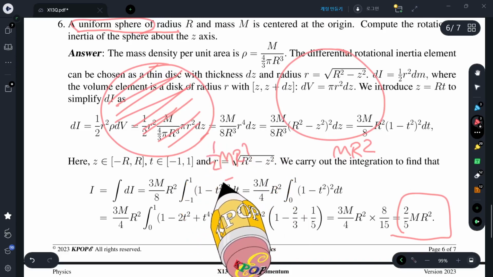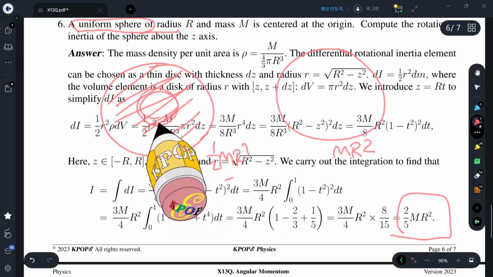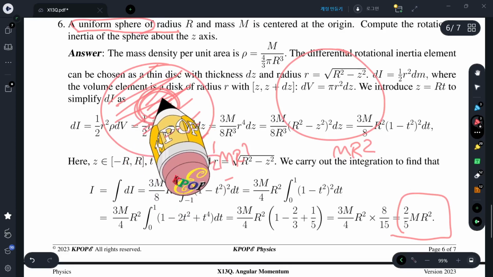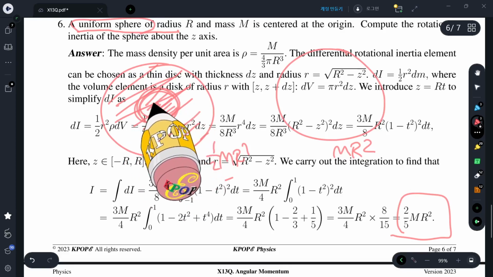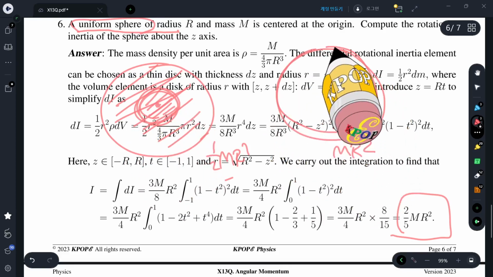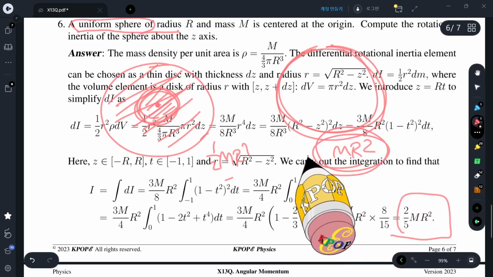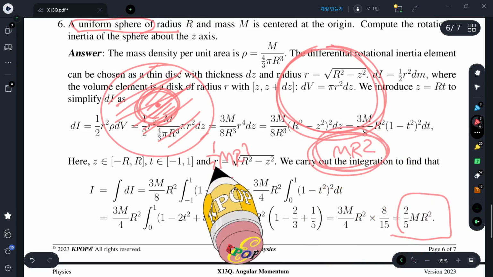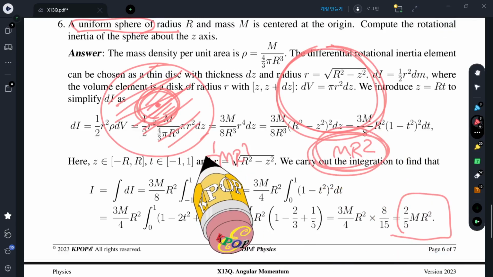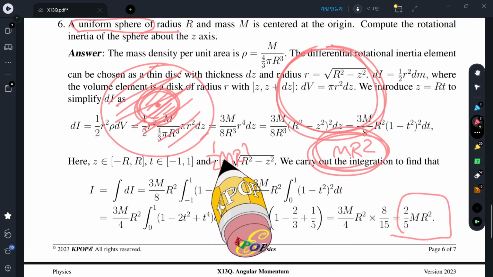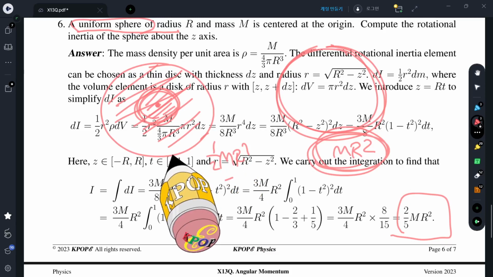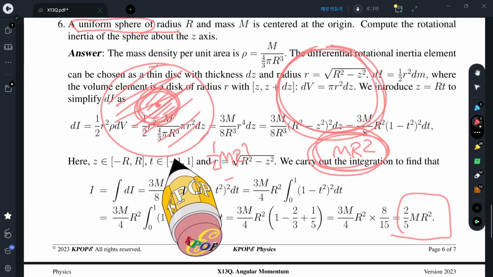This is smaller. Why? Mass distribution near the axis of rotation exists, but it is very far away from this axis. So the magnitude of the rotational inertia depends on the distribution of the mass. Geometry is very important.